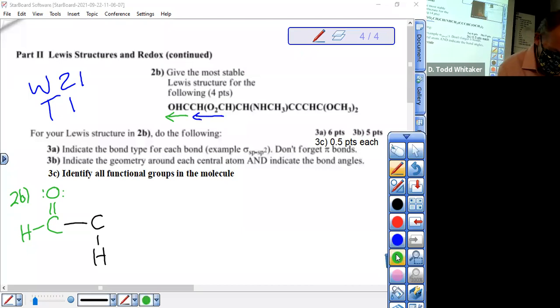So this is not an answer to a question yet. Aldehyde and ester. And when the O is listed first, O2 this way, we put it there, and the carbonyl's here. Don't forget your lone pairs.